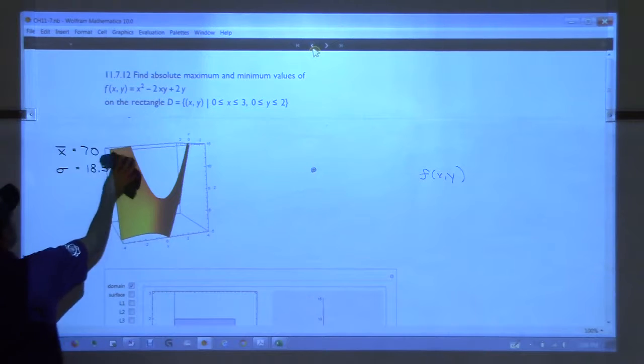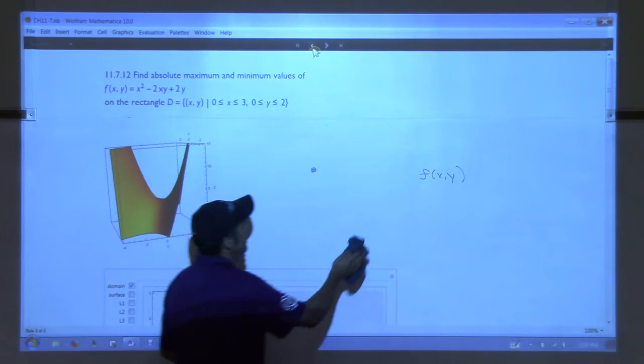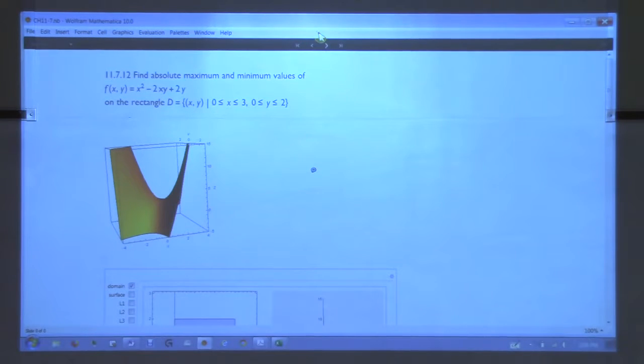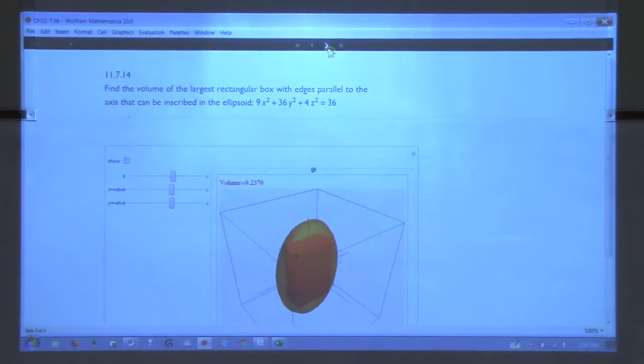And we did a few examples, and the last example in this section is the one I want to start with today, and that is this problem here. I know that's kind of small, but I'll read it. It says, find the volume of the largest rectangular box with edges that are parallel to the axes that can be inscribed in the ellipsoid with the equation given.